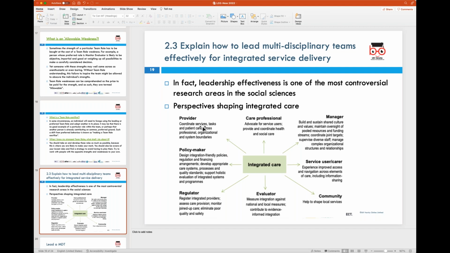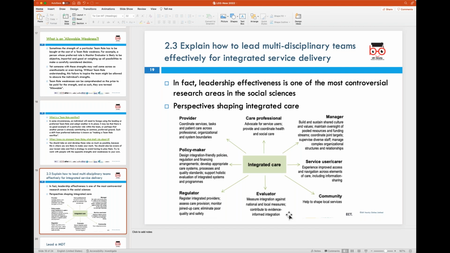You look at providers, which could be hospitals, GP surgeries, PCT trusts, community centers, and others from where the delivery of care happens. Then you have care professionals, or professionals working within the sector. There are evaluators, committees. Sometimes we see trusts which are set up, which look at doing research and compiling data, feedback, and surveys, and compile them to benchmark against the standards, and they would be termed as evaluators.